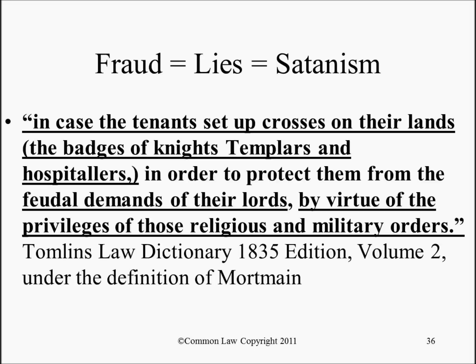They set up crosses on their land so they could protect themselves from the feudal demands of their lords. And in England it's the lords, and here it's the corporate counties, really, who the lords are in America, and they demand their extortion.